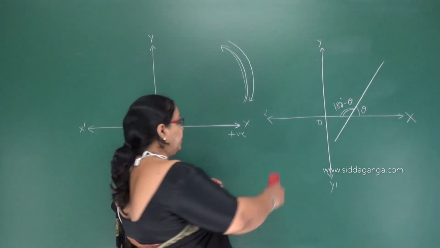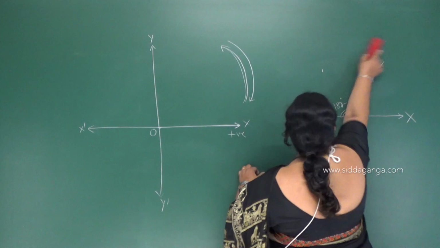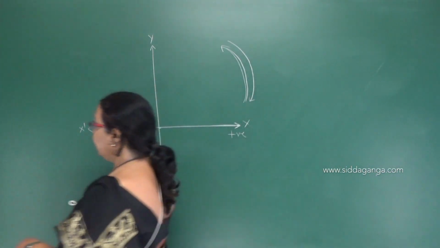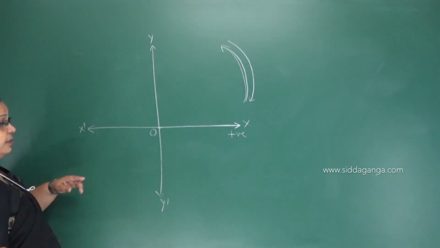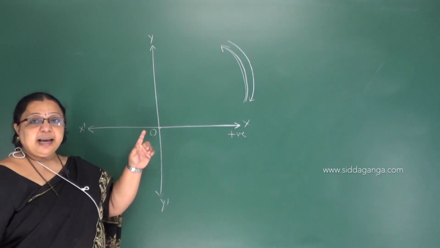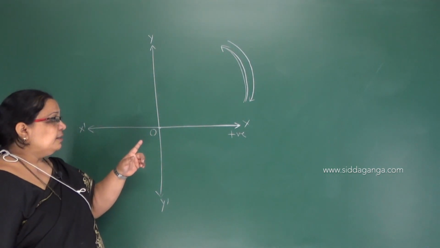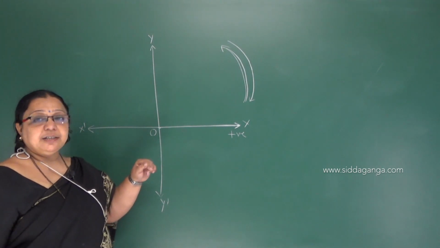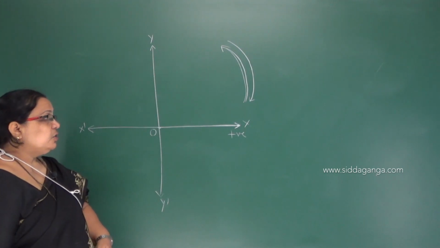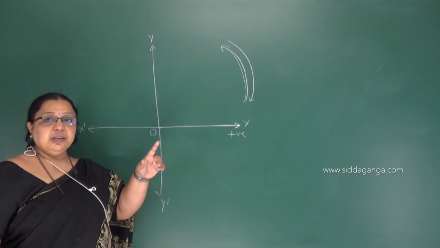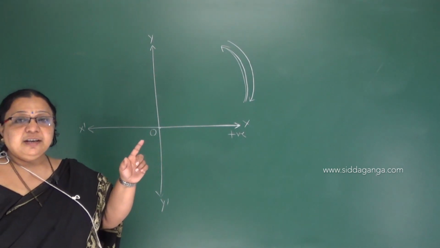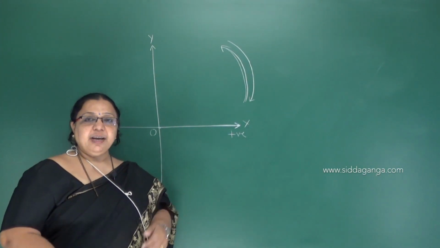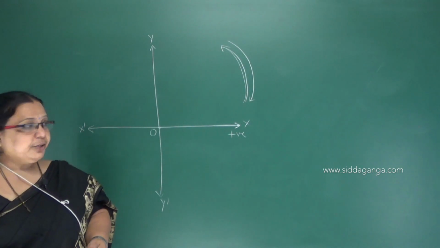So now here we have to measure the angle either in the anti-clockwise direction or the clockwise direction. So first we should know the definition of an angle and when it is taken as positive and when it is taken as negative.